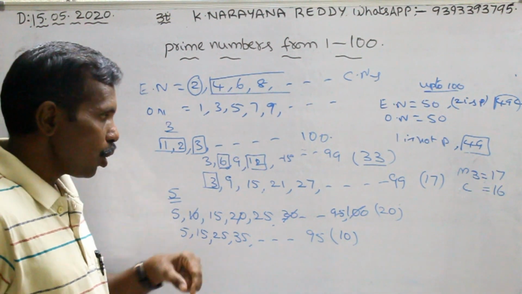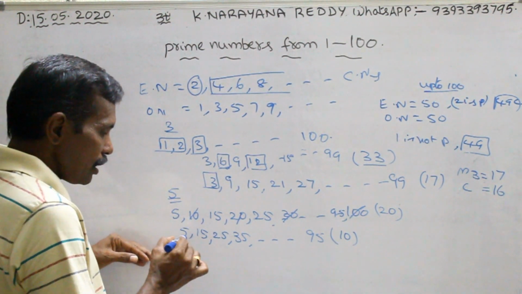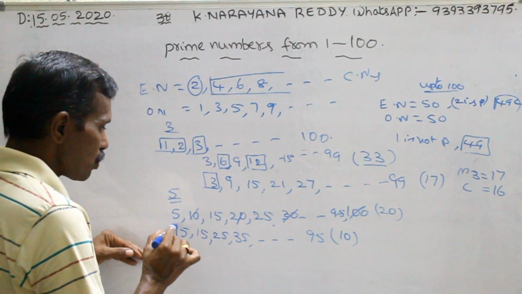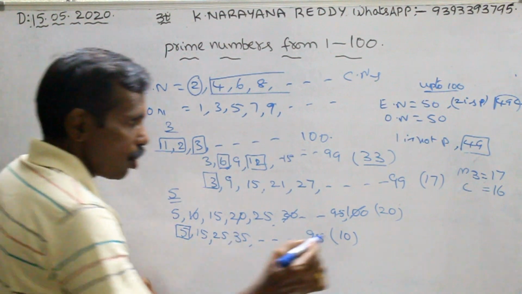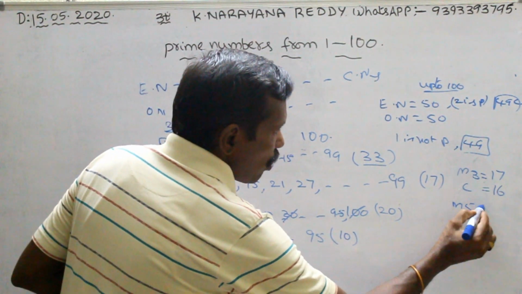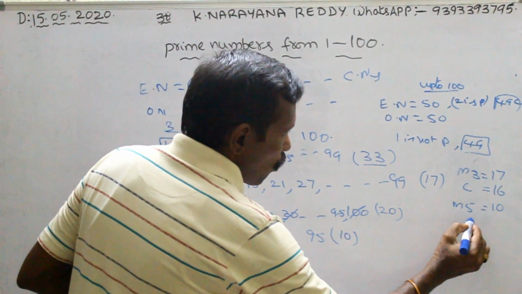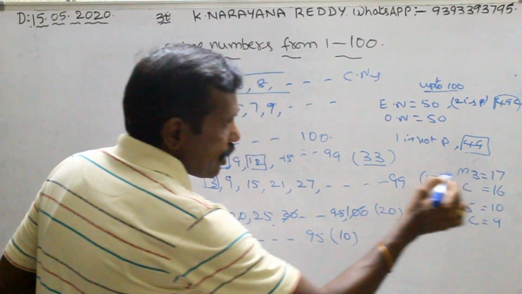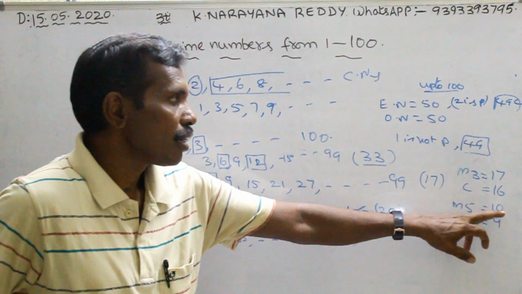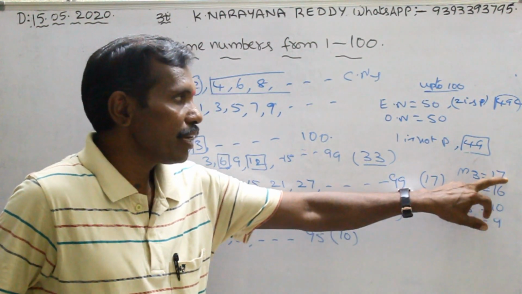In these numbers 5 is the only prime, and the remaining are all composite. So multiples of 5, how many? 10. How many are composite? 9. The remaining one is a prime number.